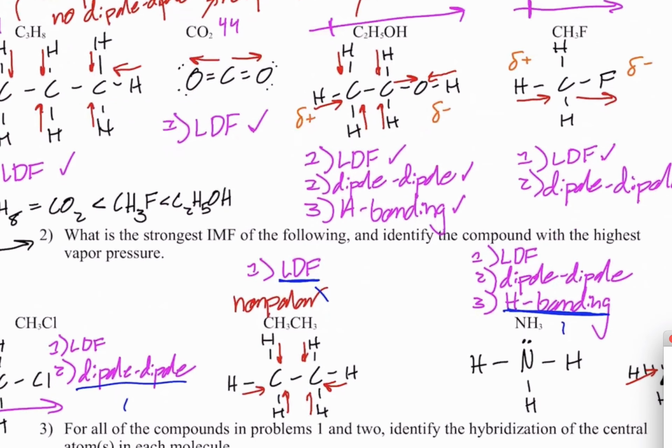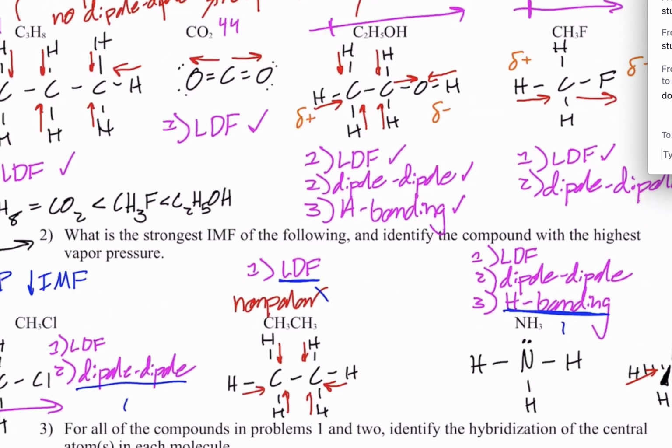And if we're talking about readily evaporating, that means you don't need to put as much energy into it. So more readily evaporating, less energy you have to put in, which means the weaker intermolecular force is going to have the highest vapor pressure. So I'll write higher vapor pressure means lower intermolecular forces.